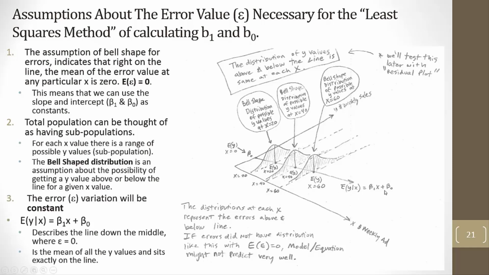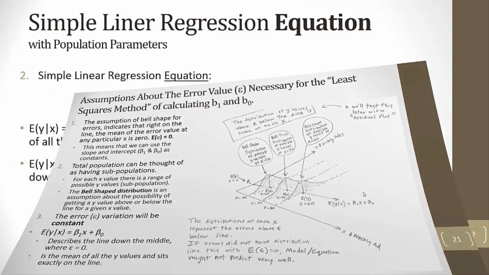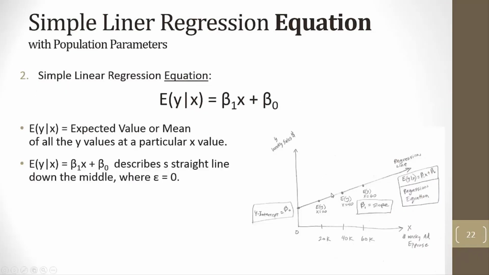If that's true for this equation, and we go to our next slide, we don't have to show the distribution of errors because the expected value of epsilon, the error, is going to be 0. So there is what is called the simple linear regression equation without the error value.